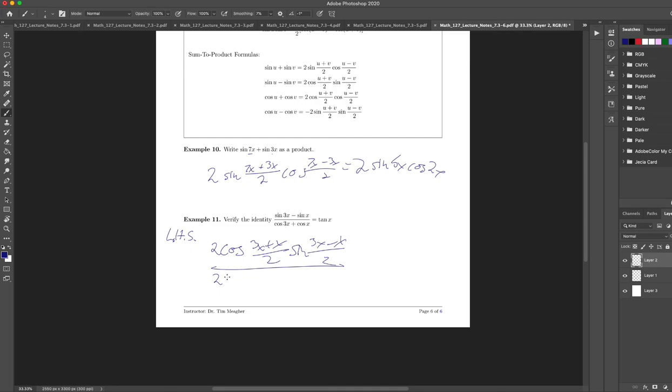Here we have cosine, so cosine plus would be cosine of 3x plus x all over 2. This will be cosine again, cosine of 3x minus x over 2. I simplify all this down.